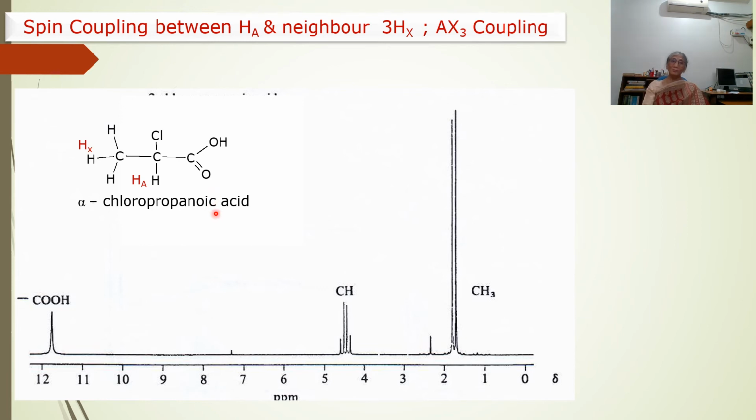So when you see the structure and you want to predict the splitting of a signal, in that case we apply the n+1 rule. And when we see the spectrum and we want to determine the number of protons on the neighboring carbon atom, then we can apply the n-1 rule.